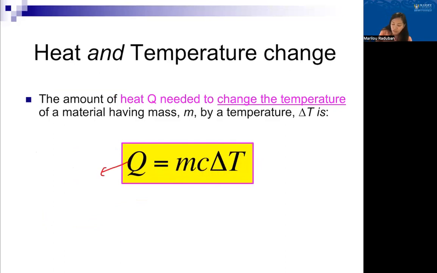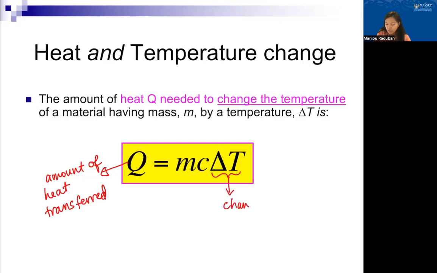So Q, this is the amount of heat that is transferred. Okay. And delta T, this is the change in temperature as a result of heat or energy being transferred from hot to cold.